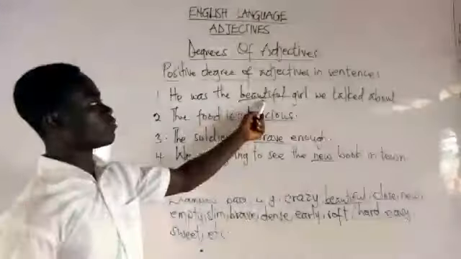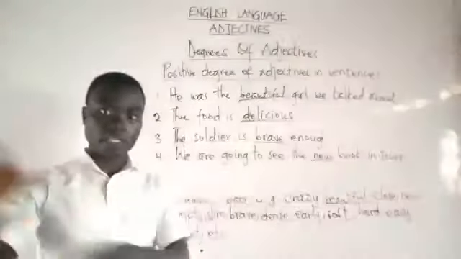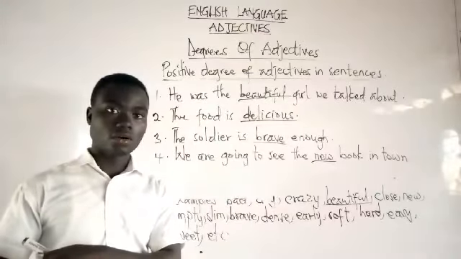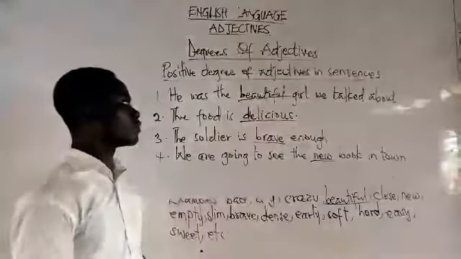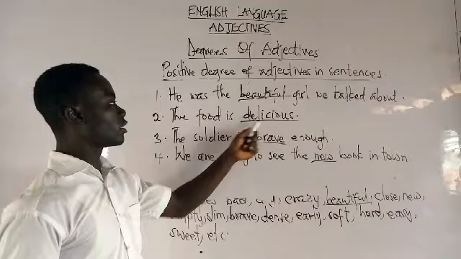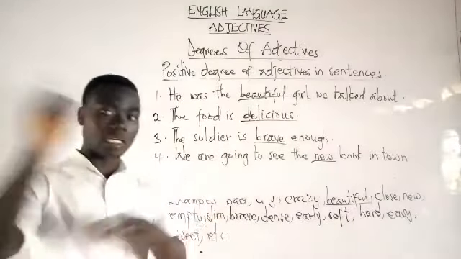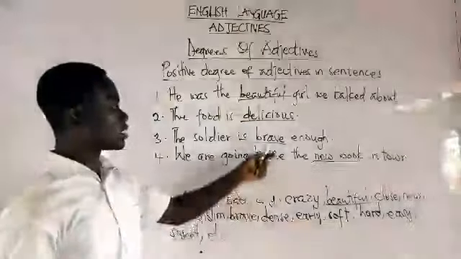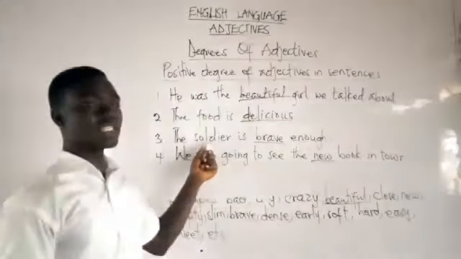The same as the beautiful girl here. The beautiful girl is not being compared to any other girl or more girls, but it's only the girl we are talking about, so you use beautiful. The delicious here talks about only the food. We are not comparing the food to any other food. The same as the soldier here, brave. The brave talks about only this soldier.